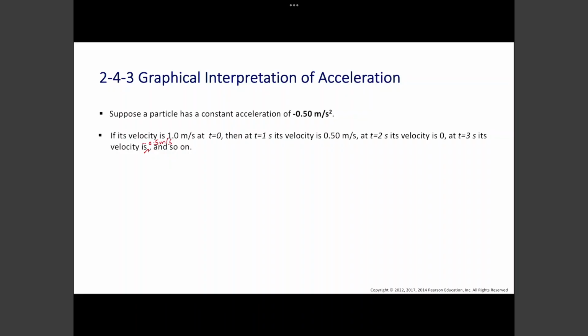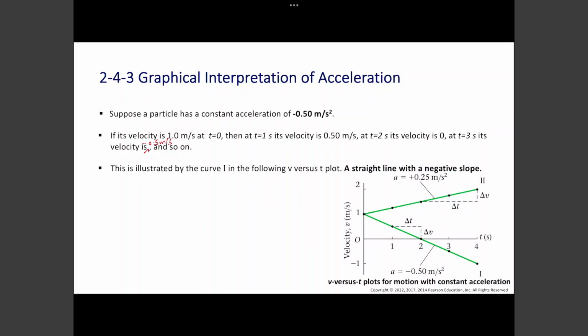This is illustrated in this curve, the v versus t plot. We have a straight line with a negative slope because the constant acceleration is minus 0.50. The slope is negative. And there's another curve represented here, curve 2.